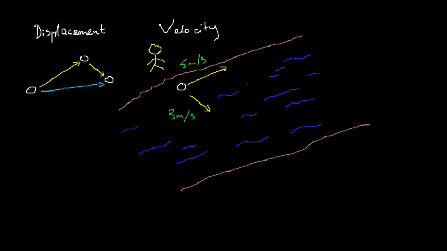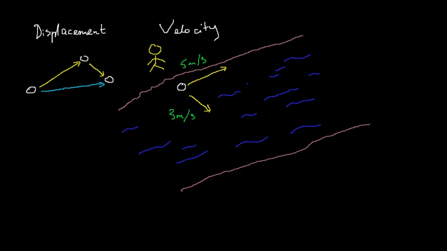Now in this case, we might just imagine that the actual movement of the ball would be neither in its original direction that the boy threw into the river, nor the direction of the water itself. It would probably be somewhere in between. Now, exactly which way in between?